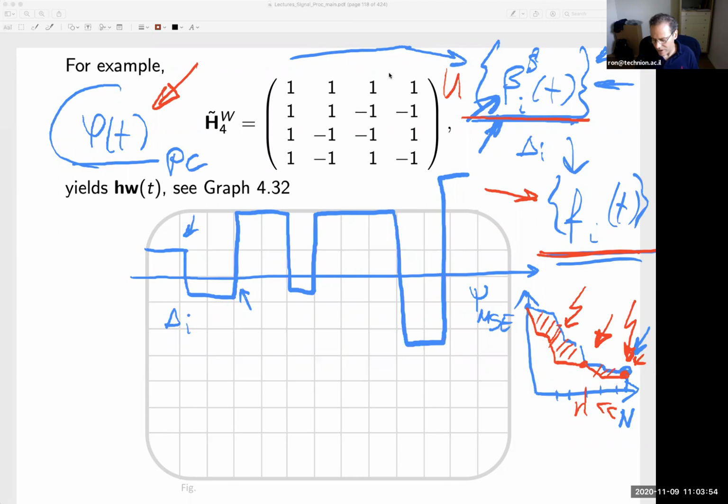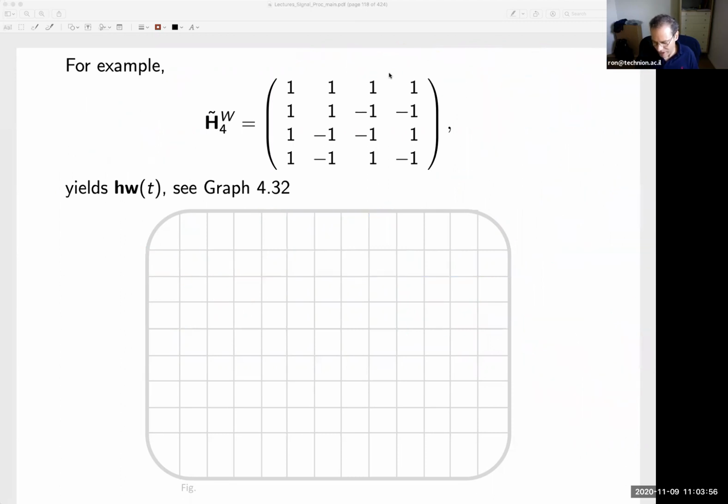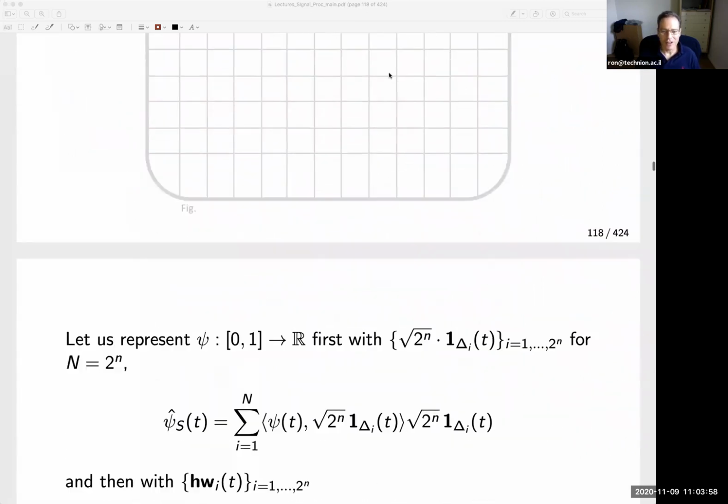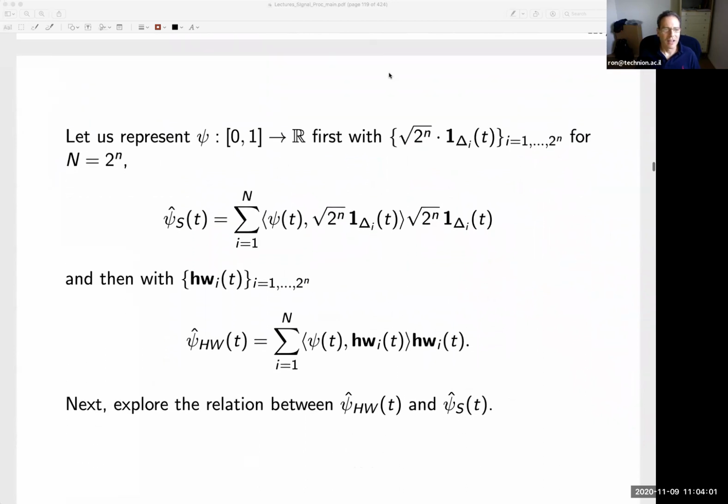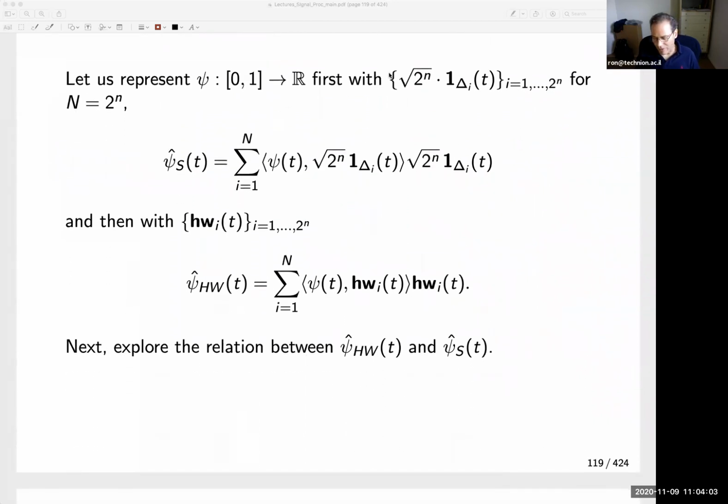Okay, if you got this idea, let's continue and see what is going on here. So we have our smooth function. First of all, we represent it with the standard set of functions, which we call beta standard.